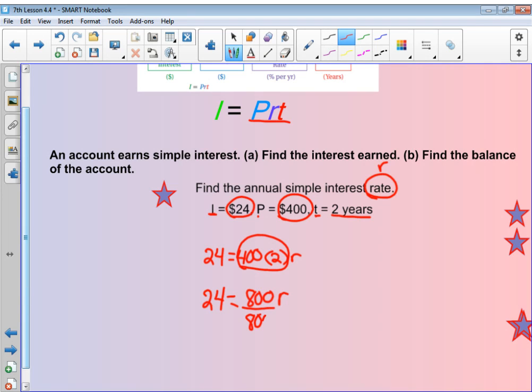We're back to a one-step equation that you worked back in chapter 1. So 24 divided by 800 gives us 0.03. Now remember, they want the percentage rate, so we have to change this into its percent form. This would be 3%.